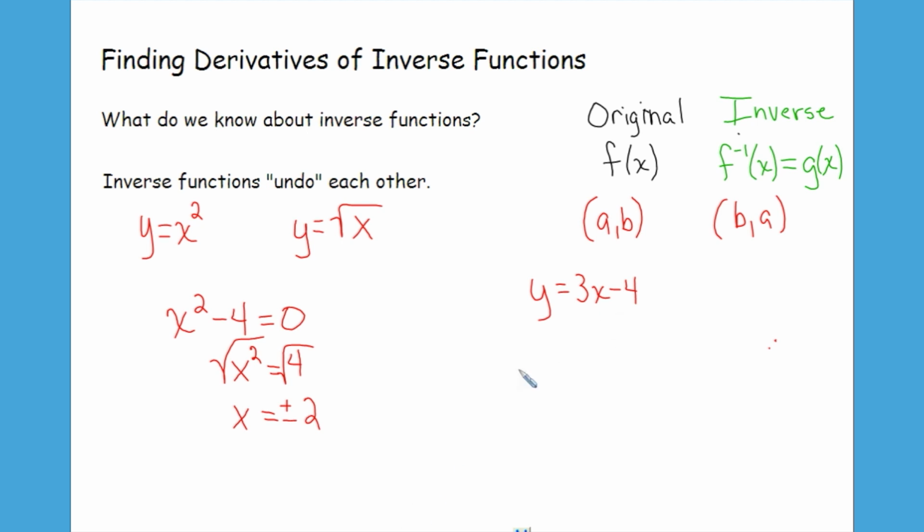So what you do is you switch x and y, because they switch x and y, and you solve for the new y, and that's your inverse function. That's probably what you've done so far. So we would say that (x plus 4) over 3 is the inverse function of 3x minus 4.